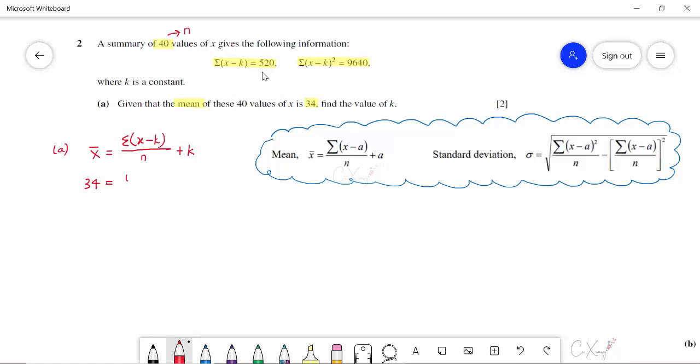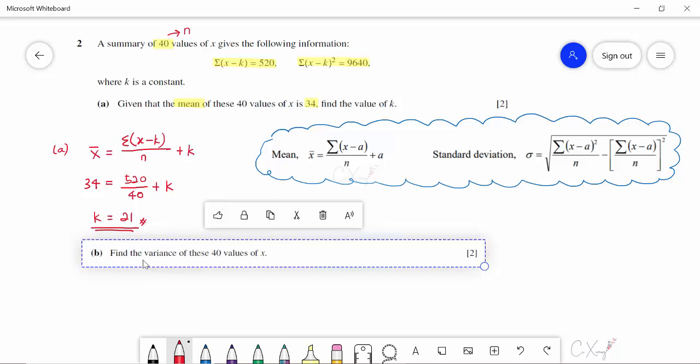So you just put in the value 520 divided by n. n will be the 40 in this case, and plus k. K is the value that you don't know yet. Therefore from here, if you move and simplify the value, you will get k equals to 21. So this question is very straightforward. Please make sure that you know what is the correct formula to apply. Then now we proceed to question number B.